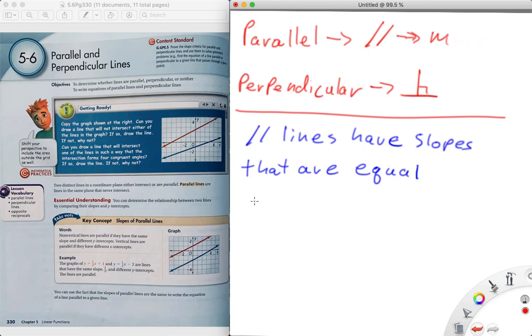Perpendicular lines have slopes that are negative reciprocals of each other. This book calls it opposite reciprocal. I've never heard it called opposite reciprocal before, but it means the same thing.